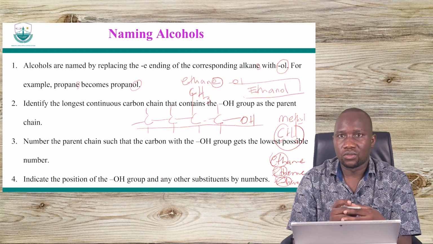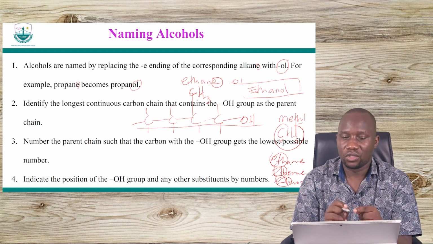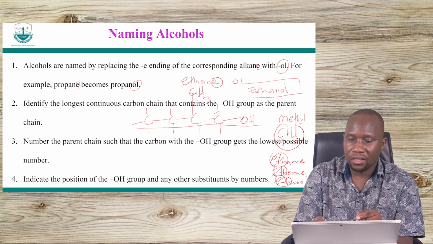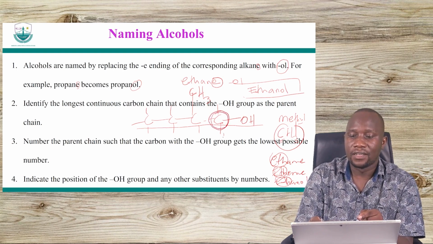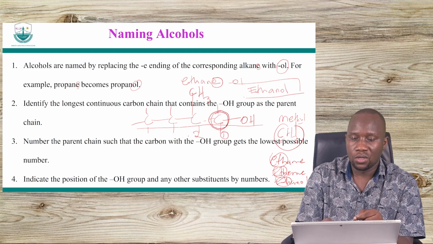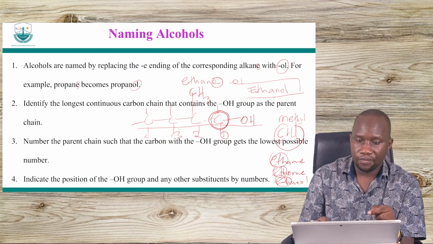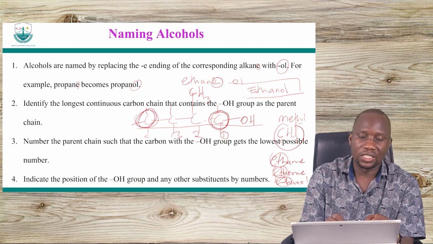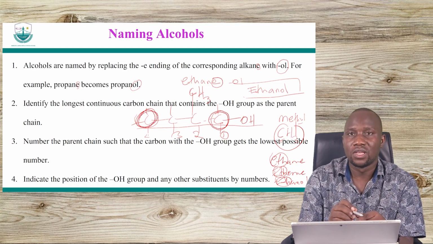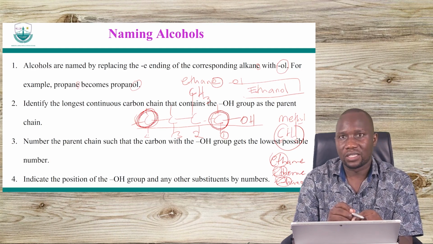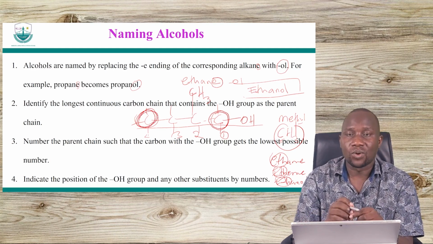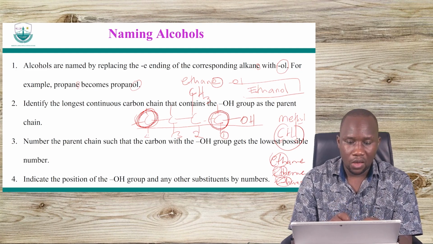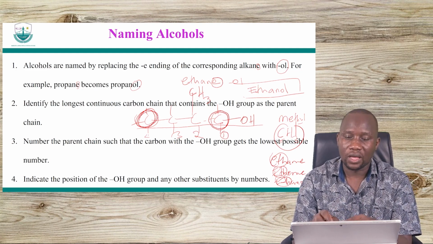If you want to put the position of the functional group, for example here, this is carbon atom 1, this is 2, 3, this is 4. You don't say this is 1, because it is farthest. It is far away from the carbon atom that is bonded to the functional group.